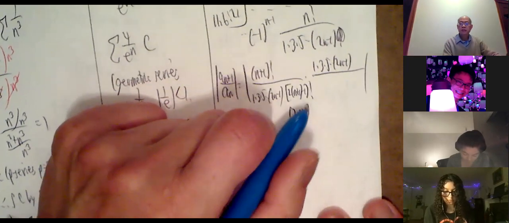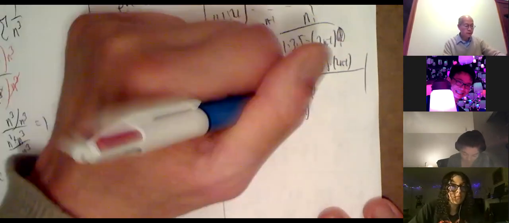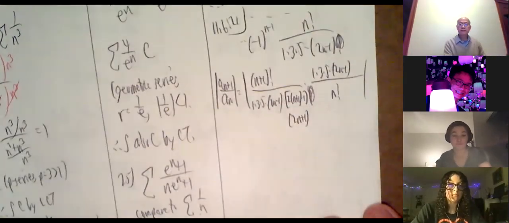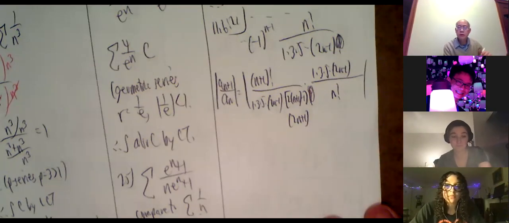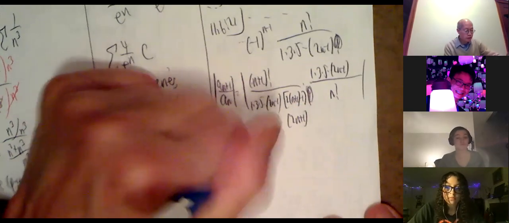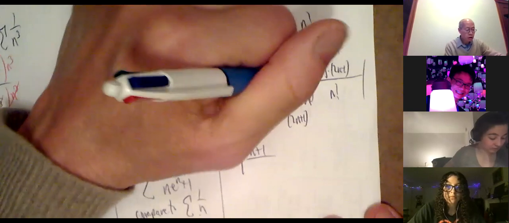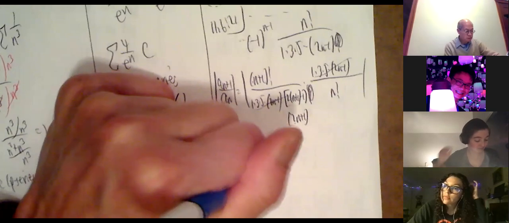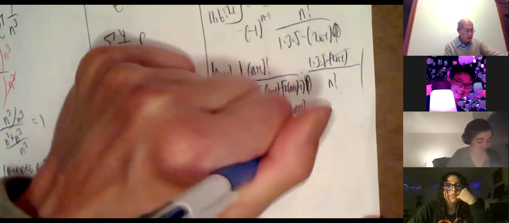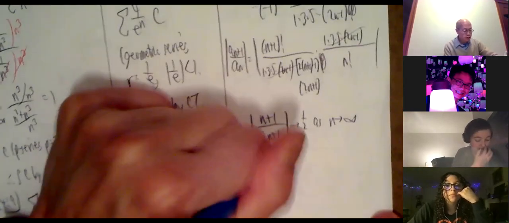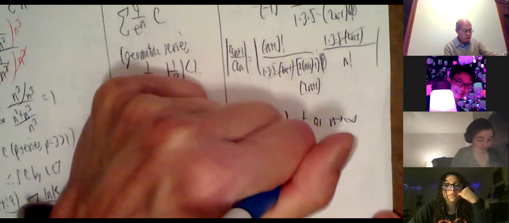Sorry, there's no factorial here, just 2n plus 1. And this is just n factorial, right? Okay, n plus 1 factorial divided by n factorial is n plus 1 on top. All of these cancel all of these, and you have a 2n plus 1 left over on the bottom. And that approaches 1/2 as n approaches infinity. So therefore, the series is absolutely convergent by the ratio test.